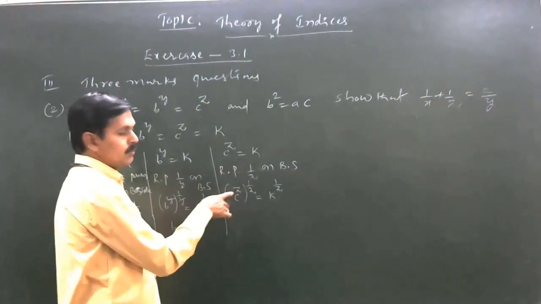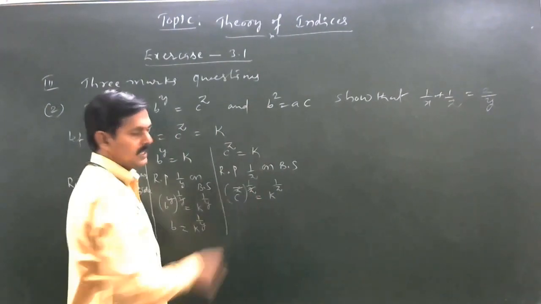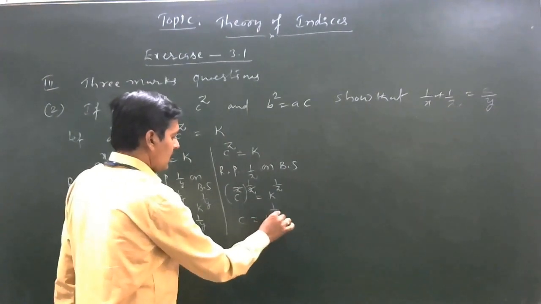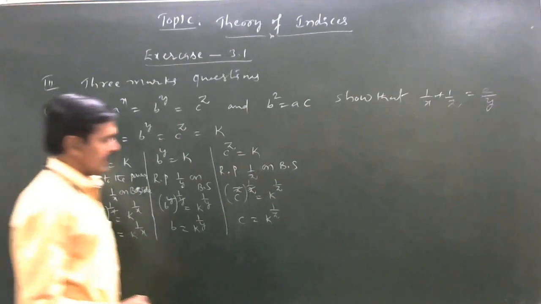Here (a power m) whole power n is a to the power of m into n, so z into 1 by z, z gets cancelled, and c equals k power 1 by z.